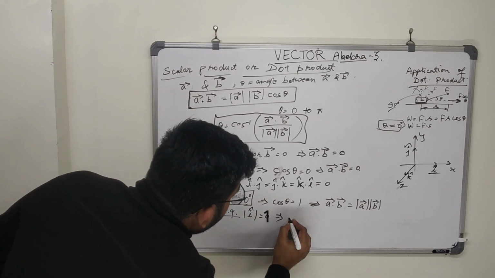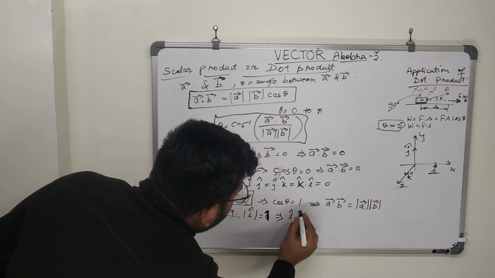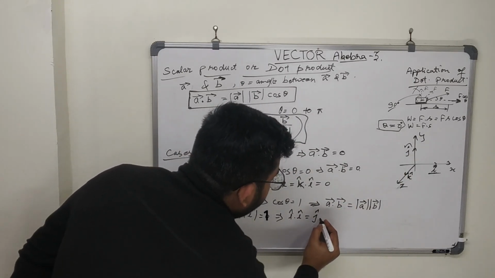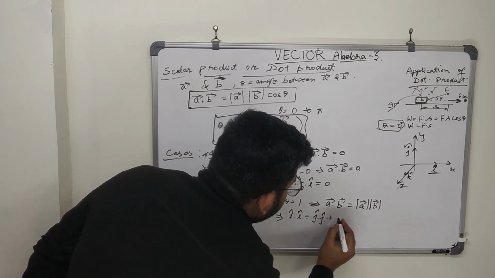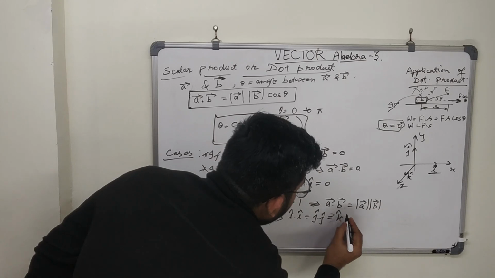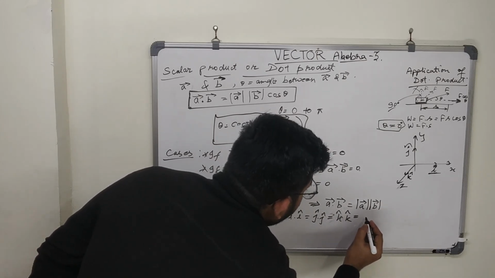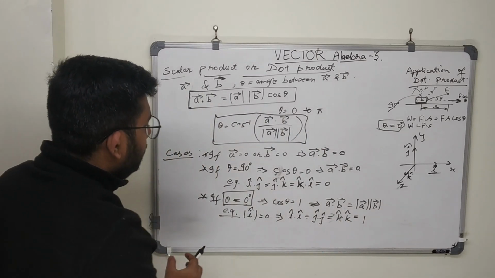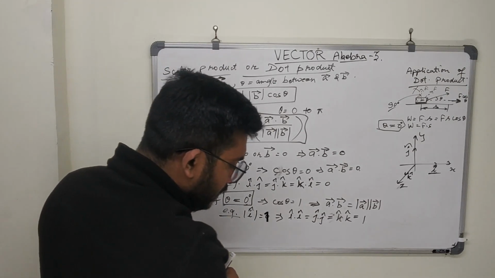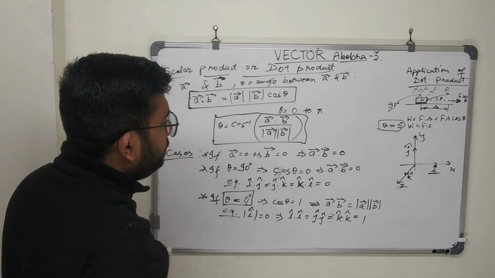So I cap dot I cap will be equal to 1, similarly J cap dot J cap, similarly K cap dot K cap. This will be equal to 1. So this is one of the examples when theta is equal to 0. So please note it down.